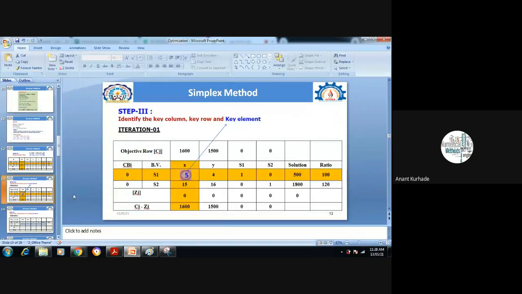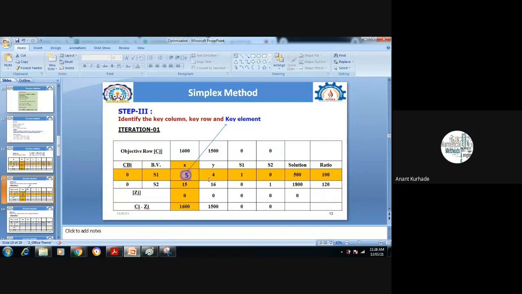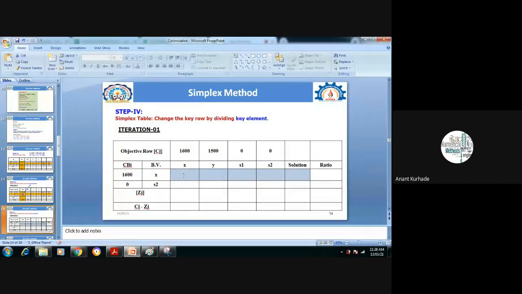You can't write 5, 4, 1, 0, 500 as it is. So how can you find these values? Divide each value, 5, 4, 1, 0, 500, by the key element. That means divide each element by the key element, which is 5.